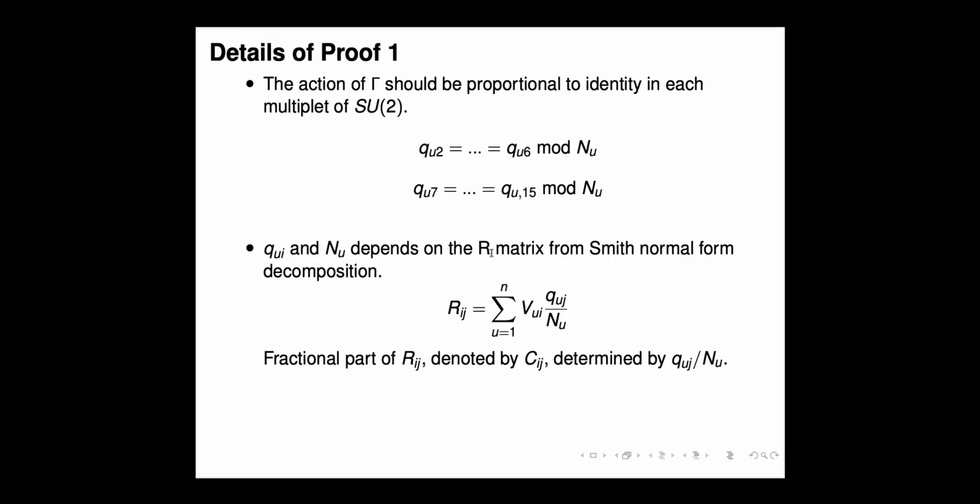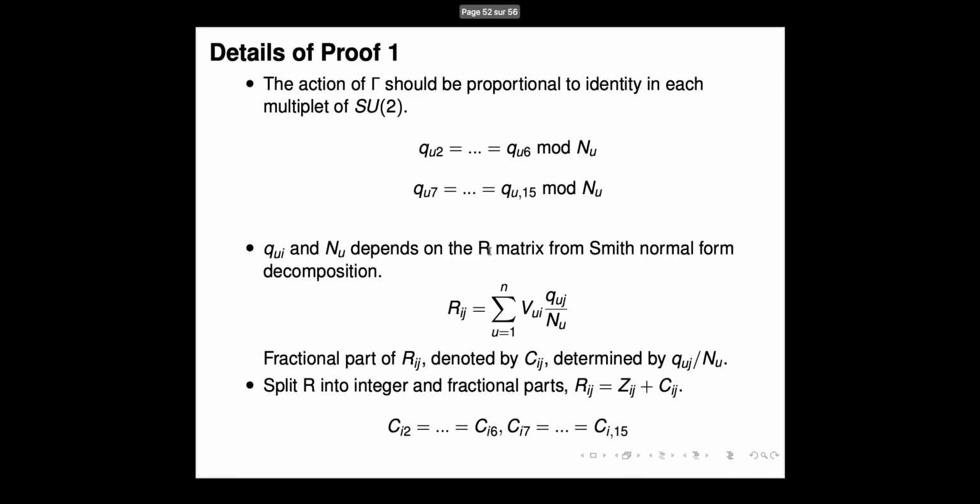This means that the fractional part of R is completely determined by Q and N. And because Q and N satisfy this particular relation, the fractional part of R should also satisfy it. So here I decompose R into the integer part and the fractional part, and the fractional part also satisfies this.